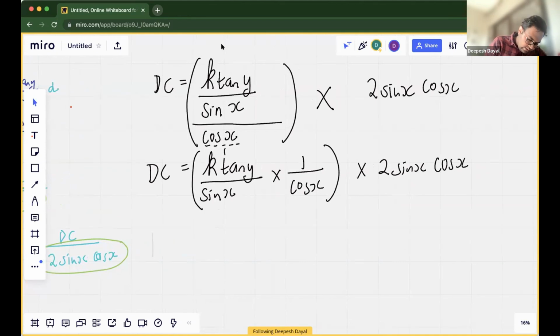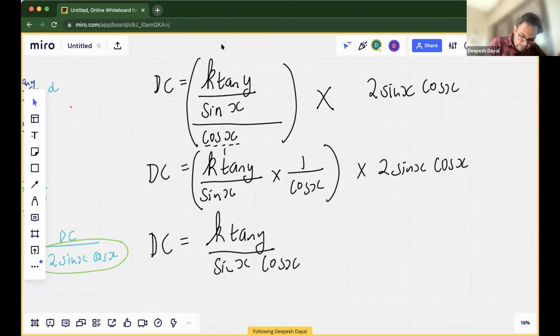Okay, so DC then equals k tan y over sine x cos x times 2 sine x cos x.